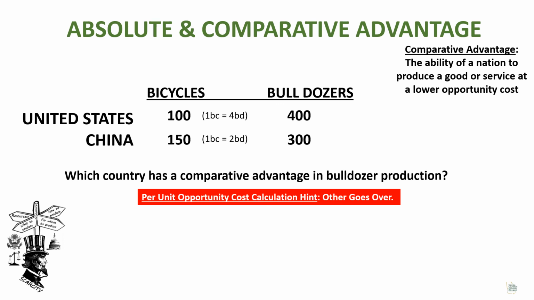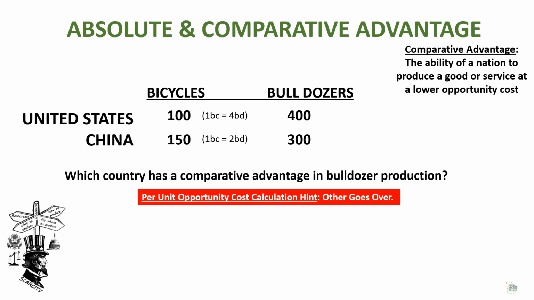So we take the 400, we put it over 100. One bicycle would equal 4 bulldozers. Looking at bicycles again, take 300, put it over 150. So for every one bicycle, China would have to give up 2 bulldozers. So hopefully you can see how it works in bicycles.